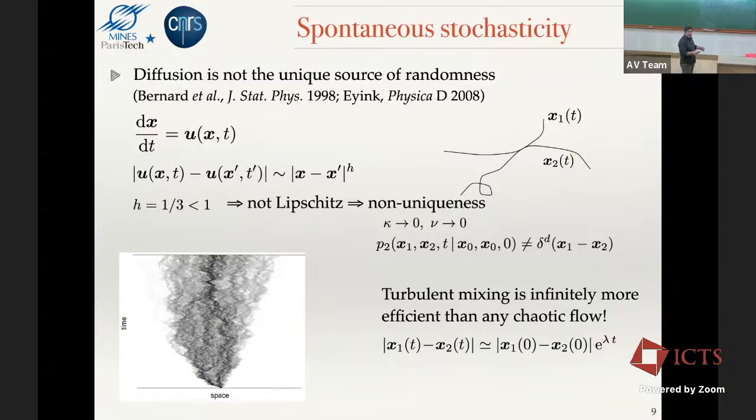What you get is that the probability of finishing in two different places at time t, while you have started at the same place at time 0, is different from a delta function. So you have a trace of this non-uniqueness in the transition probability.